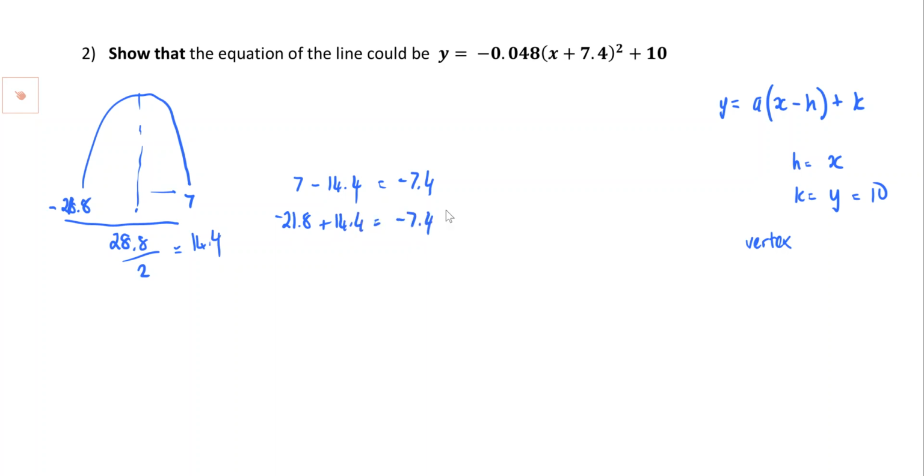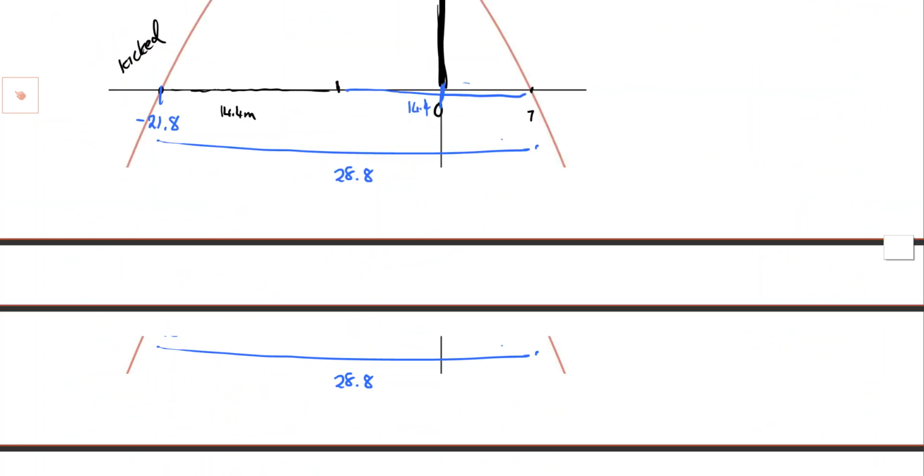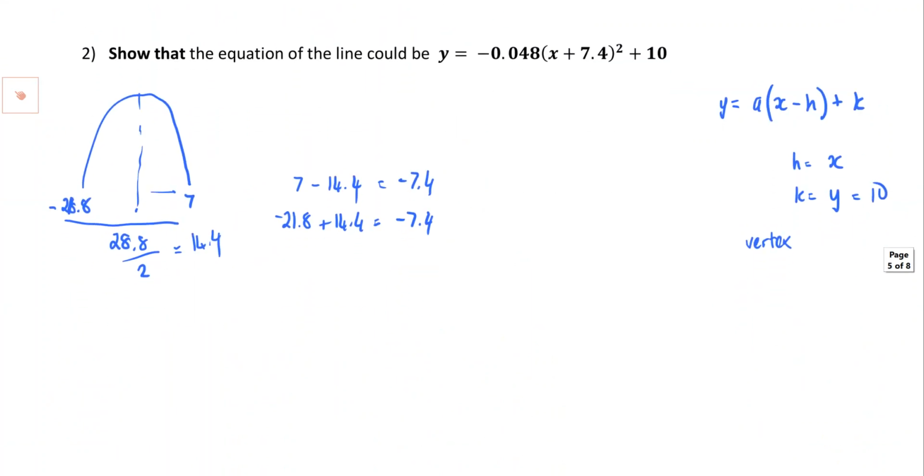Either way, we should be trying to see that. If I can see that on your diagram, fine. But we kind of like to see that. I know I said really all you're needing to do is show me this value, but I've not given you what the vertex is, so it means you need to show me how you calculated it.